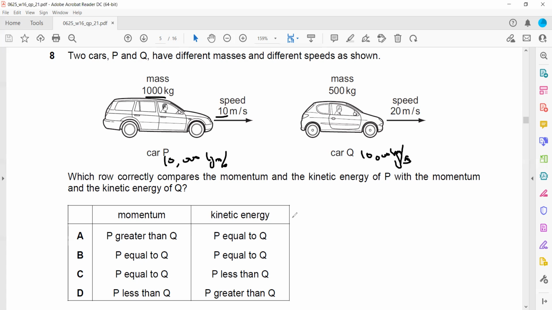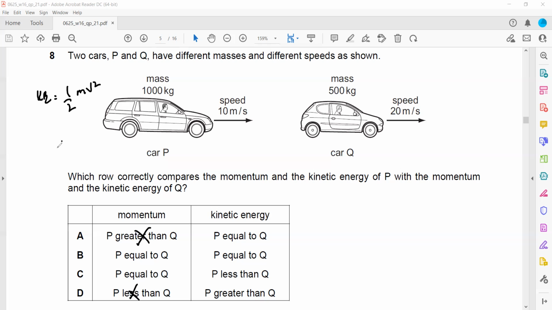But what about the kinetic energies? The formula for kinetic energy is half mv squared. So it cannot be option A, it cannot be option D. It's either B or C. Kinetic energy is 0.5 mv squared. That's the formula.